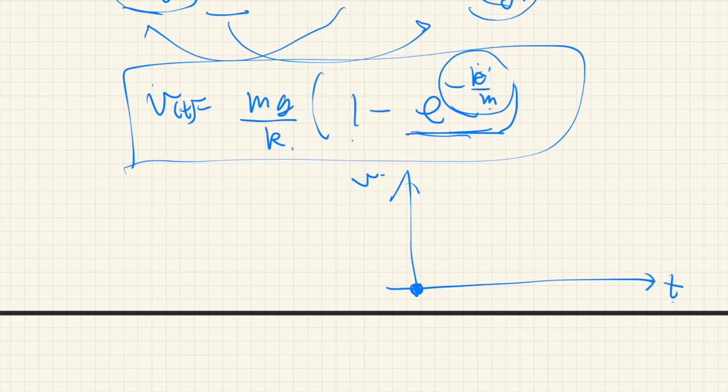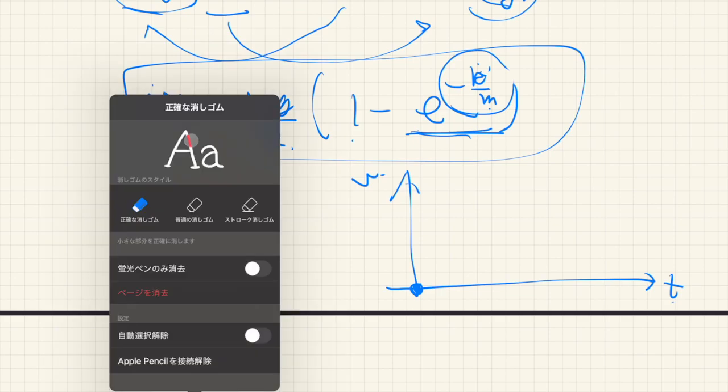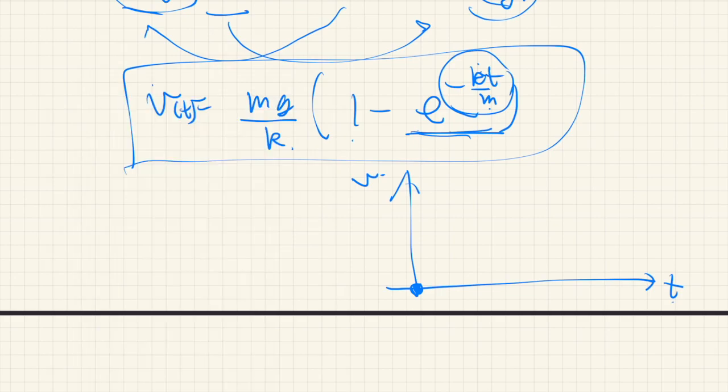But as time goes by, this exponential function term converges to 0, so it will approach this constant. So this will be mg over k. So it will look like this.